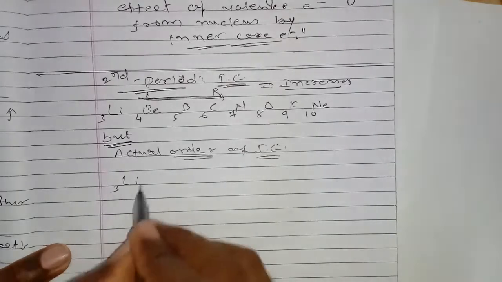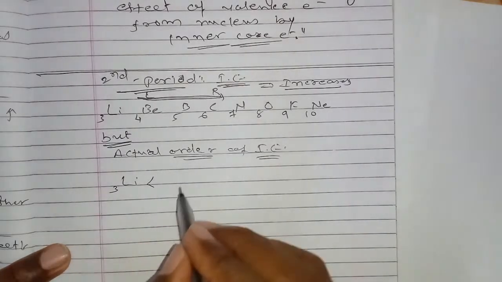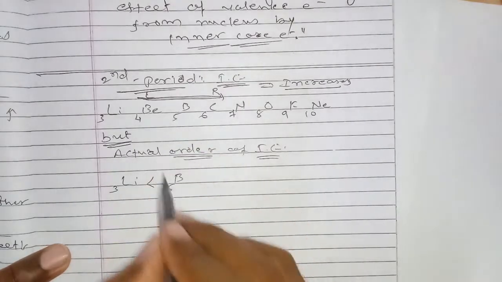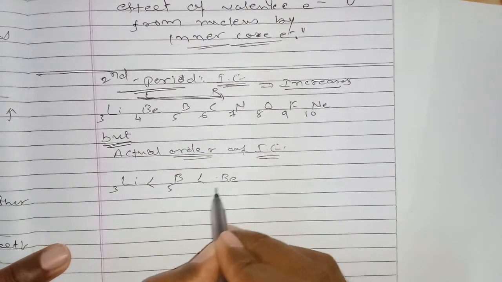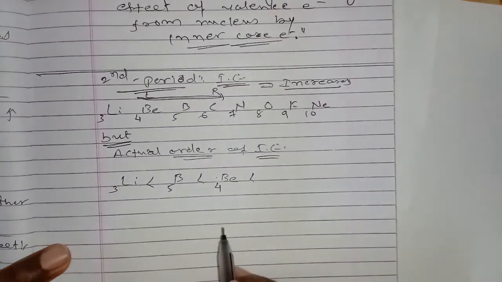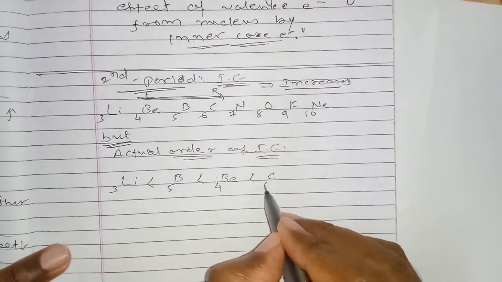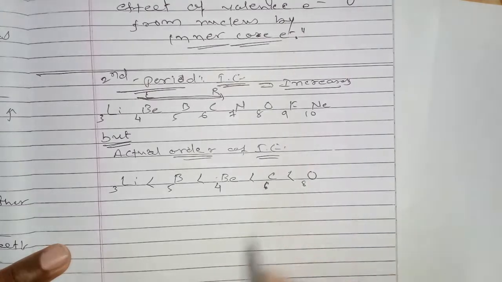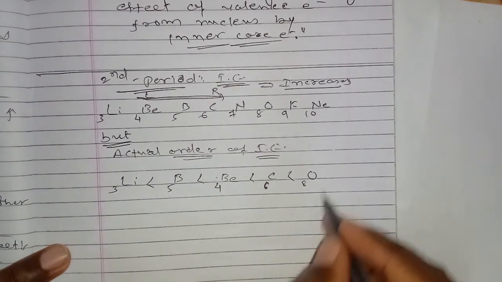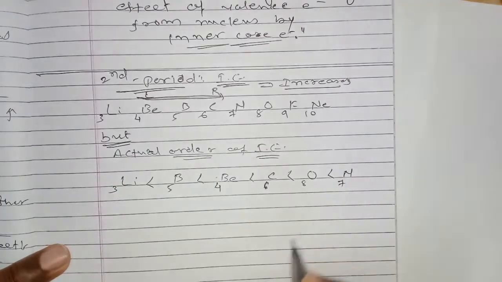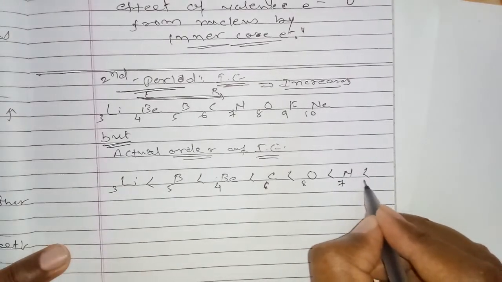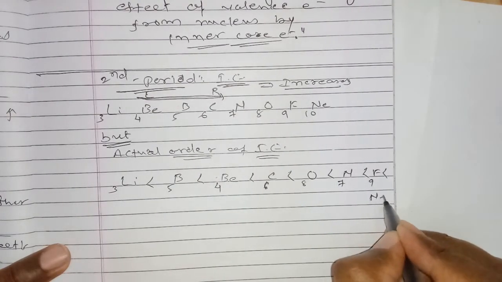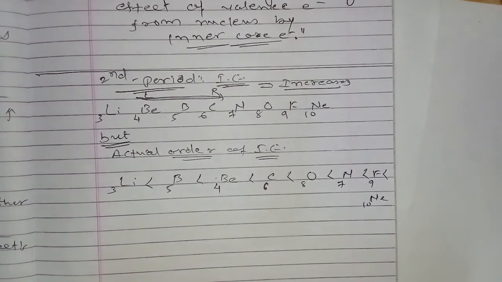First of all, lithium, then less than boron 5, and then beryllium, then carbon 6, and then oxygen, and its atomic number is 8, is less than nitrogen 7, is less than fluorine 9, and it's less than neon 10.